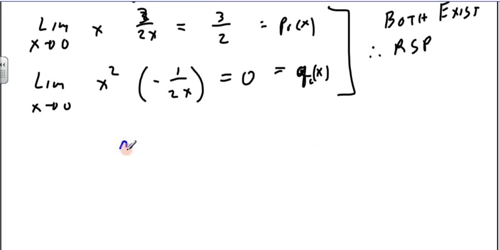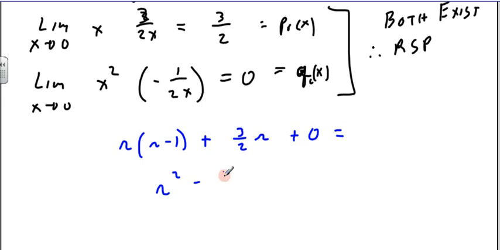I'm going to look for my r's now. r times r minus 1 plus p naught at x, 3 over 2 r, plus 0 for my q naught at x. Okay, so I've got r squared minus r plus 3 over 2 r, giving me plus 1 over 2 r.